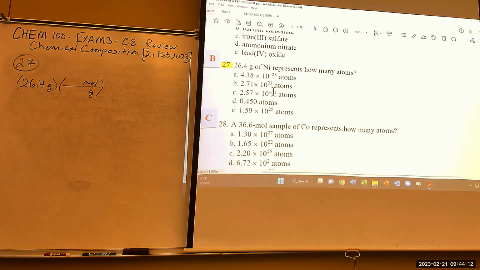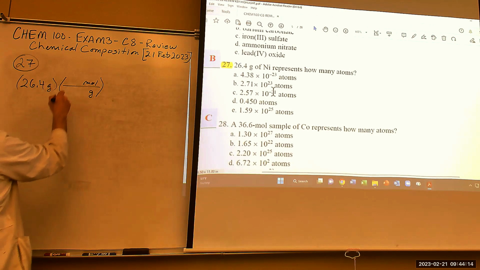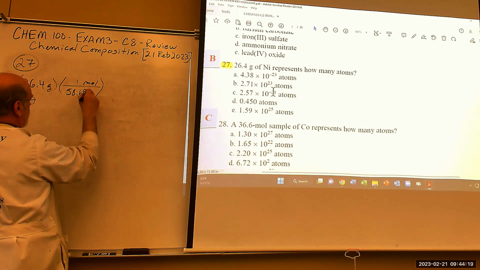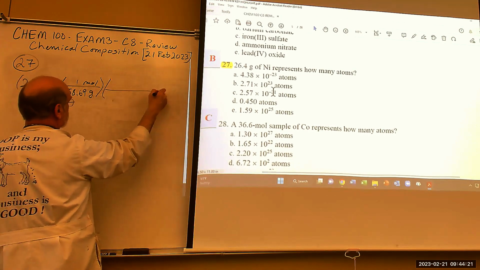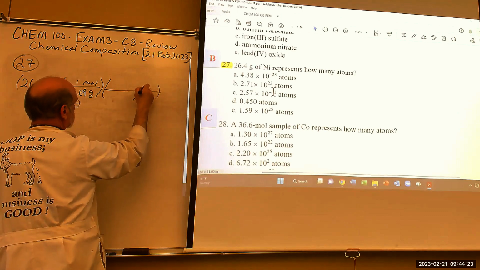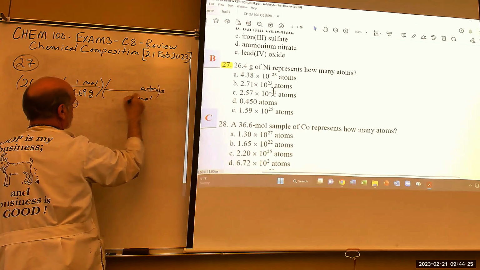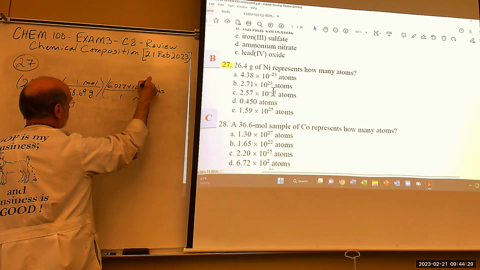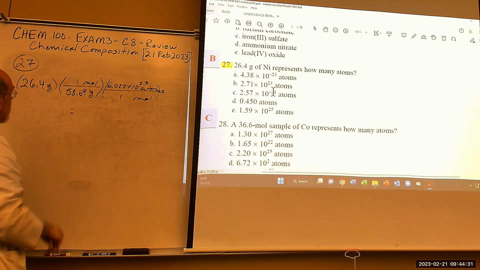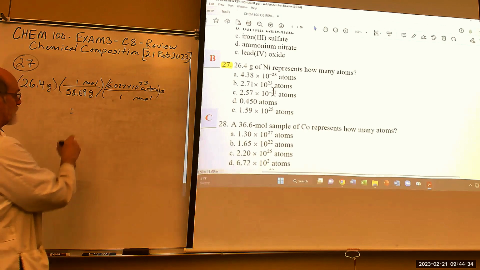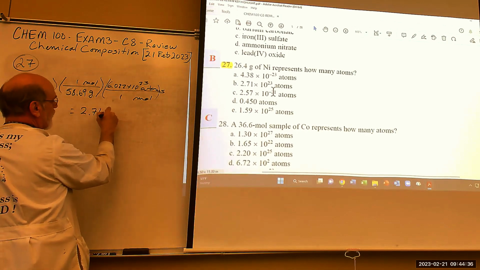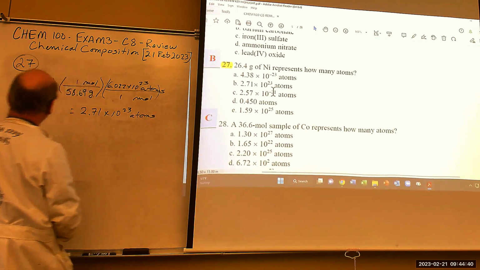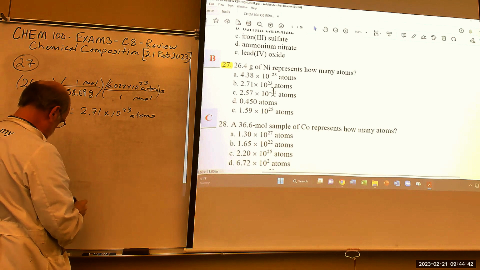So nickel is 58.69. Grams cancel, leaving you moles. Now we convert moles to atoms with Avogadro's number. And that should equal 2.71 times 10 to the 23rd atoms.